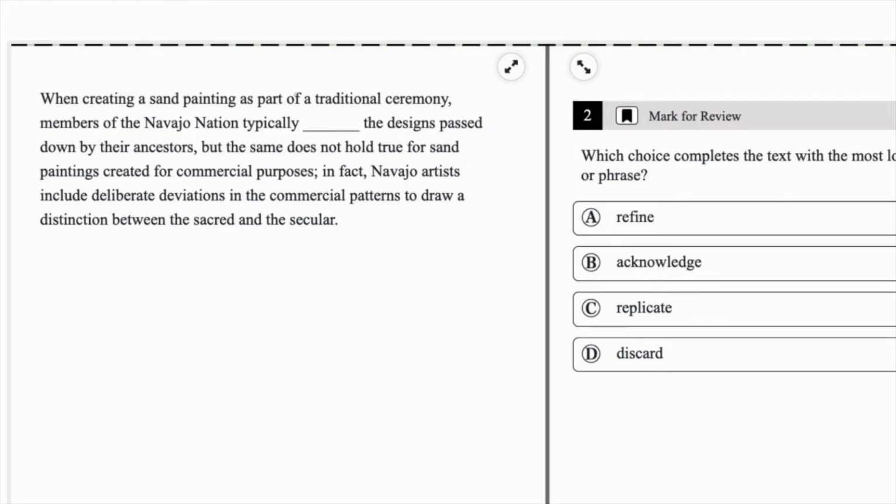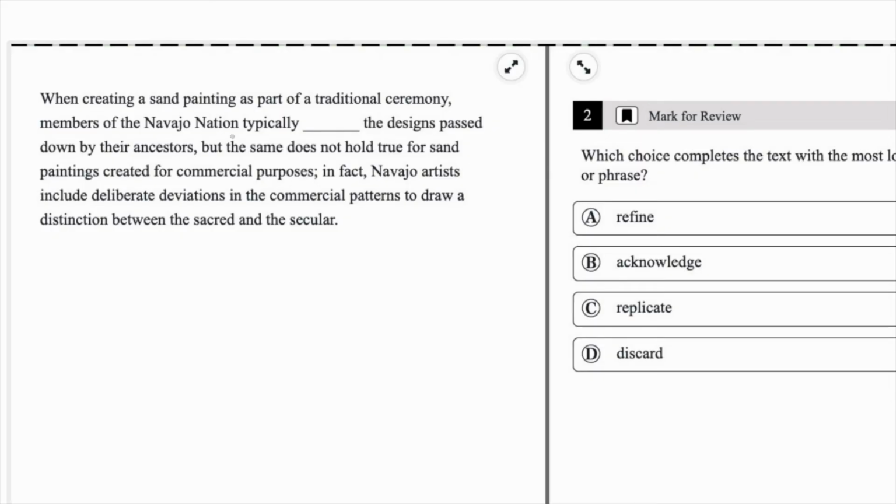So it says, when creating a sand painting as part of a traditional ceremony, members of the Navajo Nation typically do something with regard to the designs passed down by their ancestors, but the same does not hold true for sand paintings created for commercial purposes. In fact, Navajo artists include deliberate deviations in the commercial patterns to draw a distinction between the sacred and the secular.